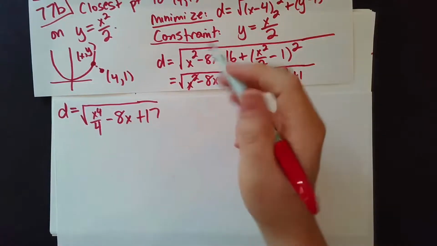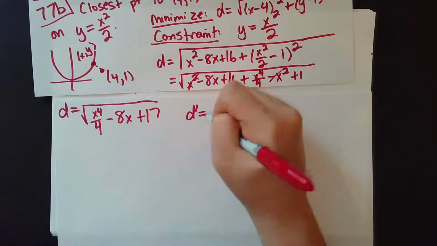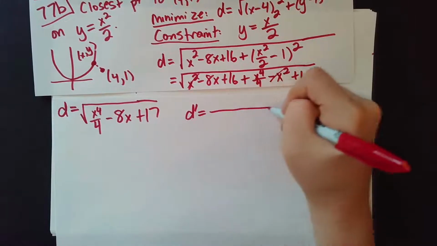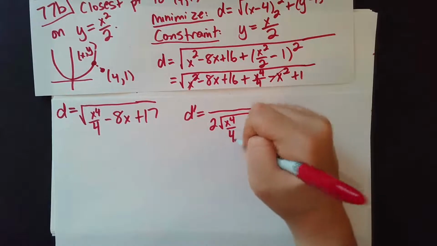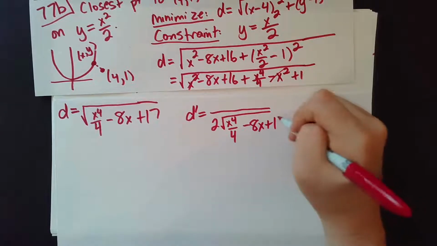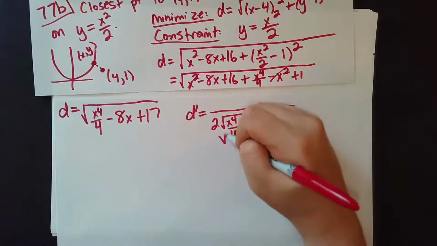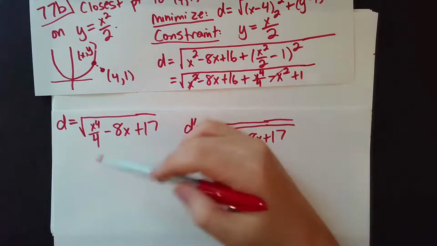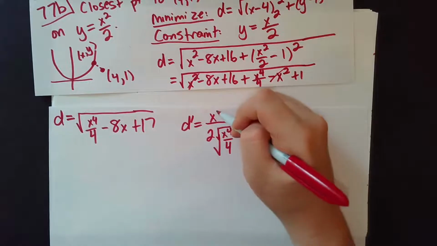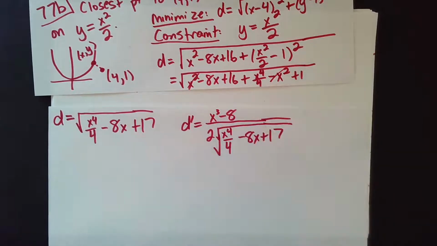So I need to use the chain rule to take the derivative of this, but when I do, I'm going to get this. And the derivative of the inside here is x cubed minus 8.